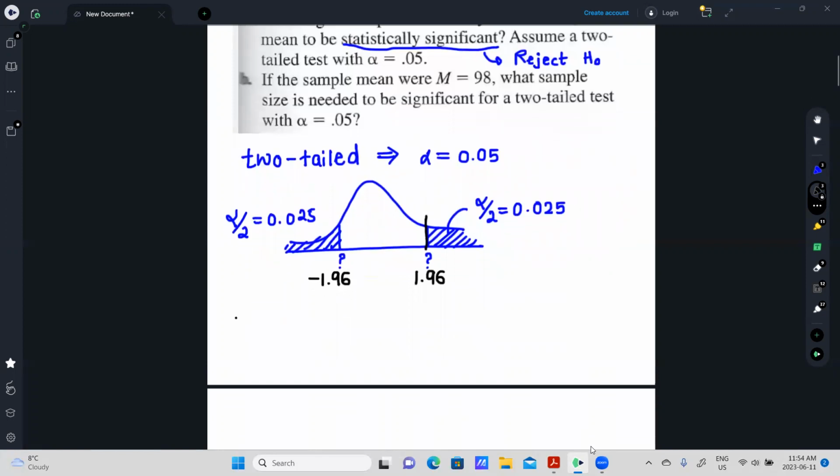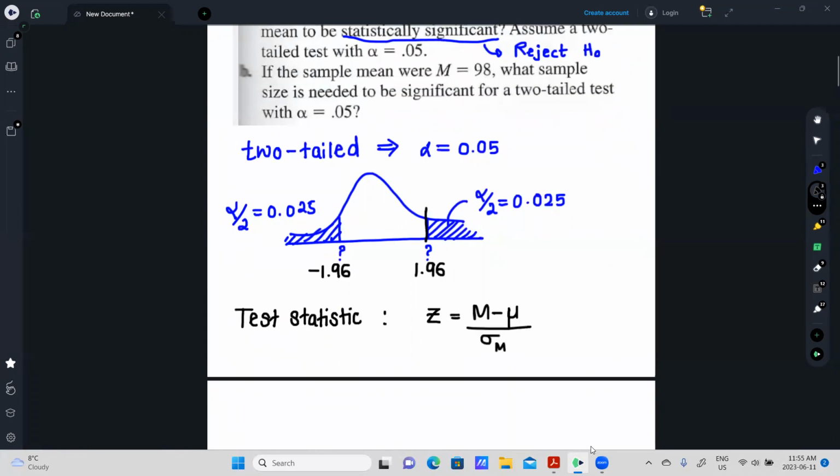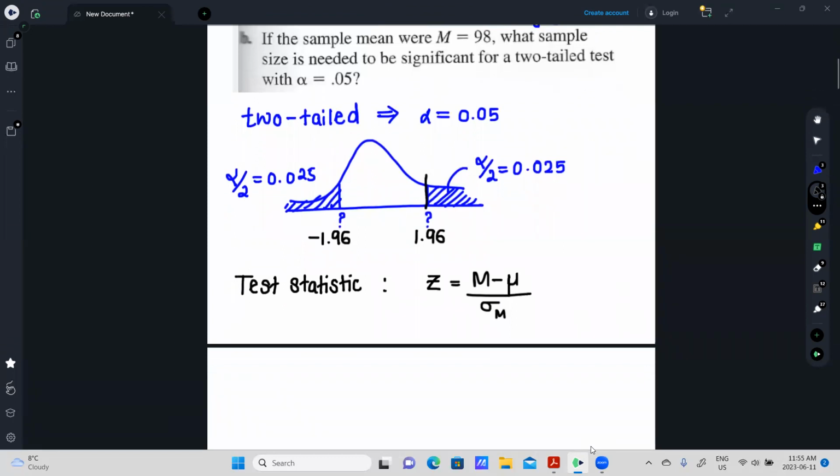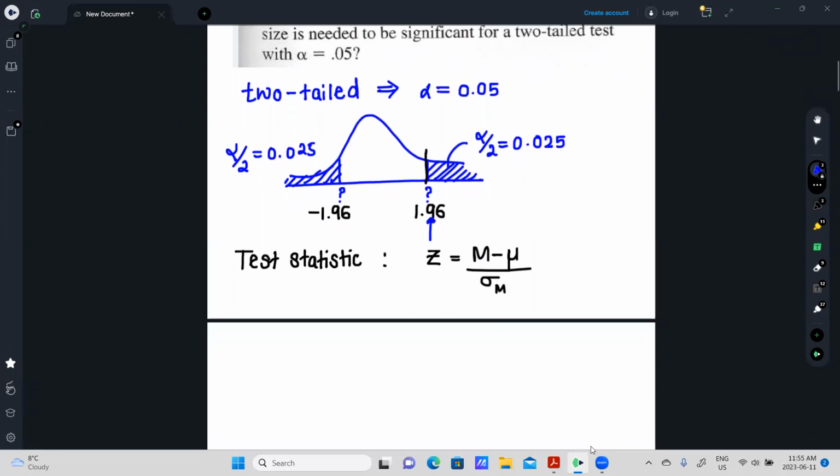Let's write the test statistic equation. That is Z, which is equal to M minus mu divided by sigma M, according to the textbook. To find the maximum sample size, if this test statistic is exactly on the boundary, we still reject the null hypothesis.